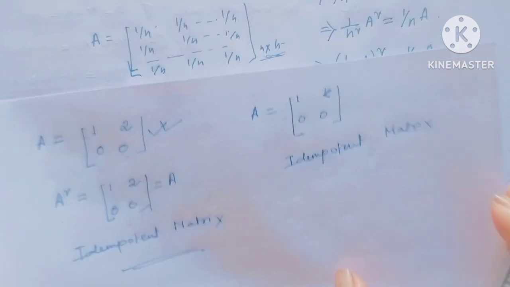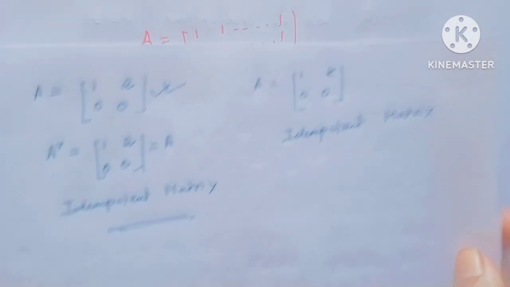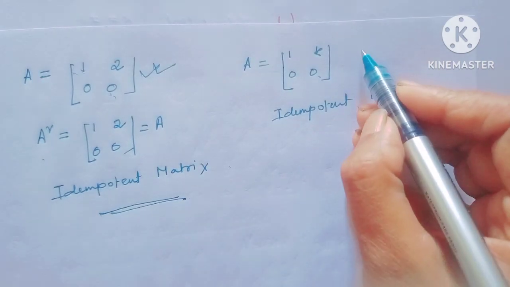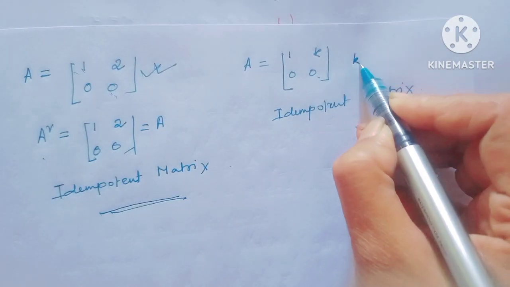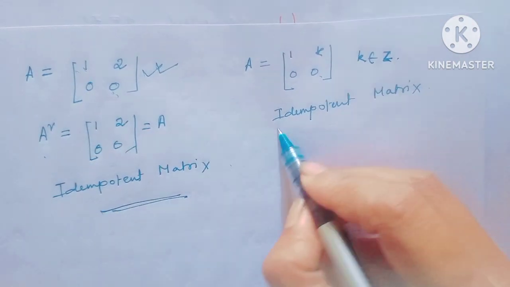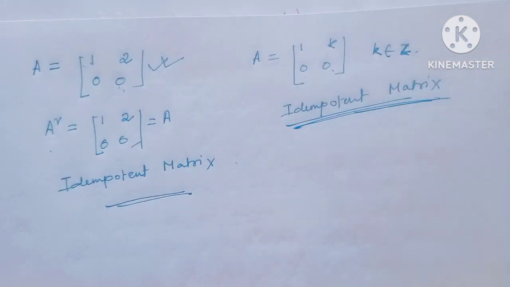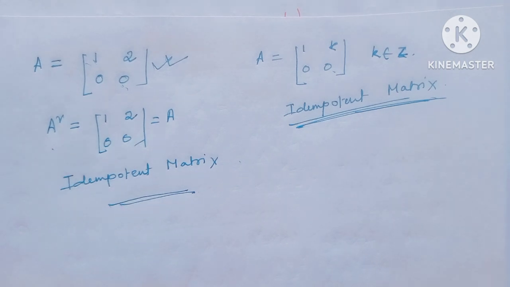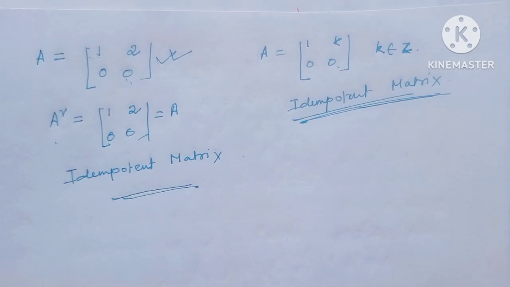So a matrix which looks like 1, k, 0, 0, where k is any integer, is an idempotent matrix. I hope all my viewers have understood what idempotent matrices look like.